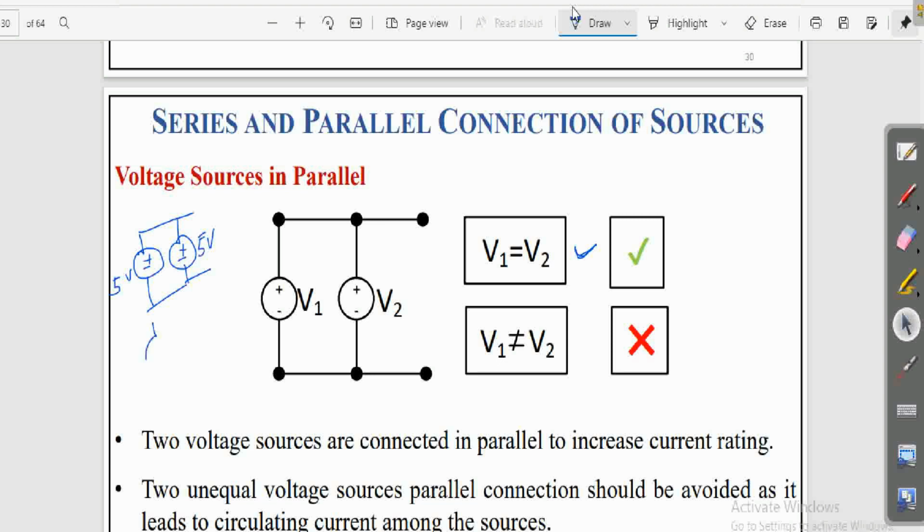If you connect multiple different voltage sources in parallel, it leads to circulating current among the sources. So this should be avoided. Only the equal case is allowed; connecting different voltages, V1 not equal to V2, in parallel is not allowed.